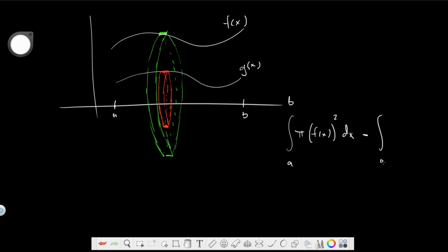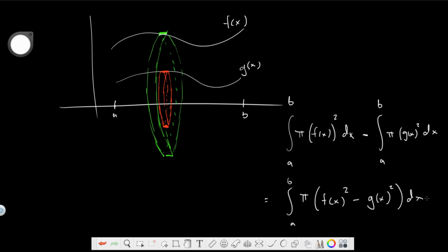So from a to b, pi g of x squared dx. But what's nice is I can turn this into one integral. I can say that this is going to be from a to b of pi times f of x squared minus g of x squared dx.